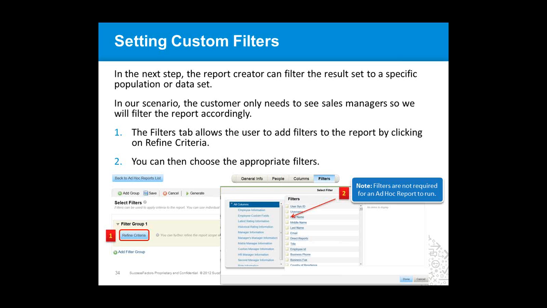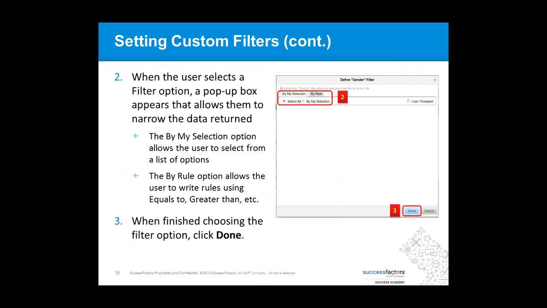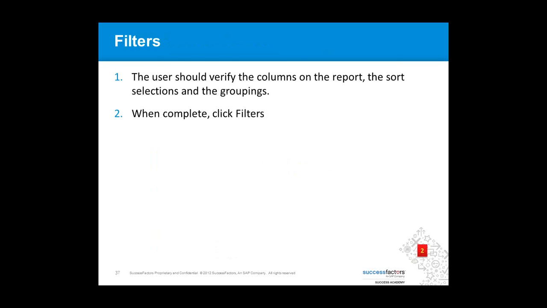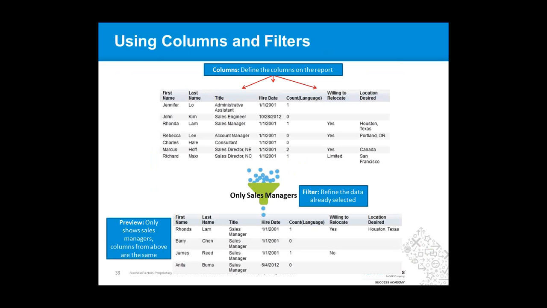So you can click on the filter section and then click on refine criteria. It will show all the possible filters you can choose, and then you can enable any of them, and click on save. It will be added, and once you are done, click on done. You can even remove the filters if you want to, and once it is complete, you can run the report.